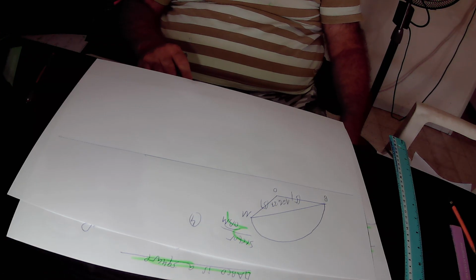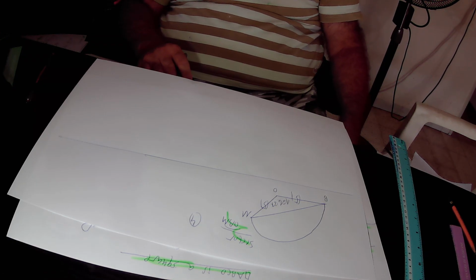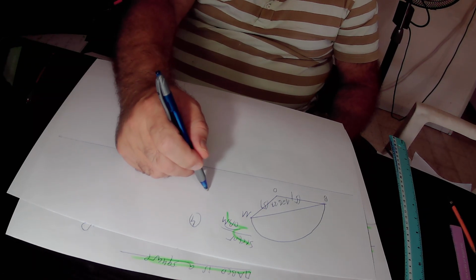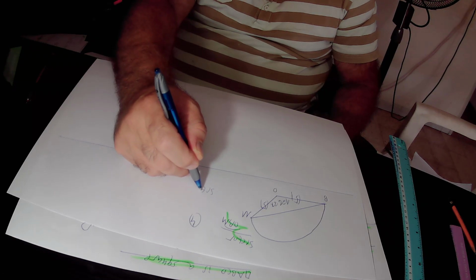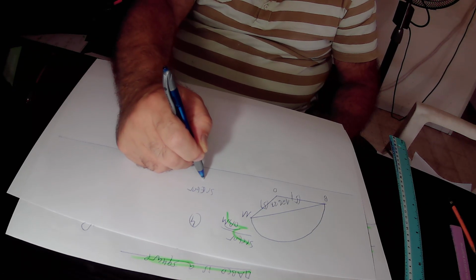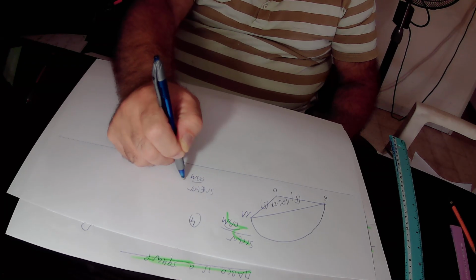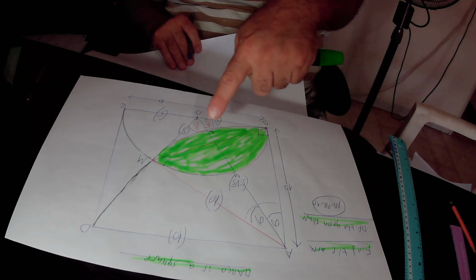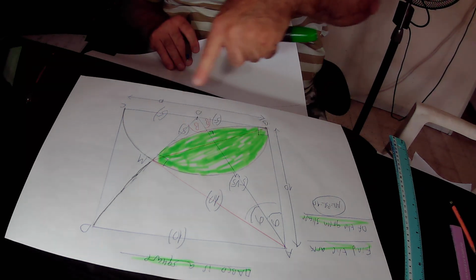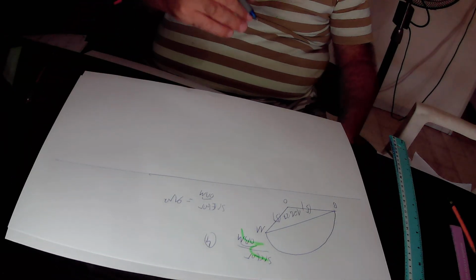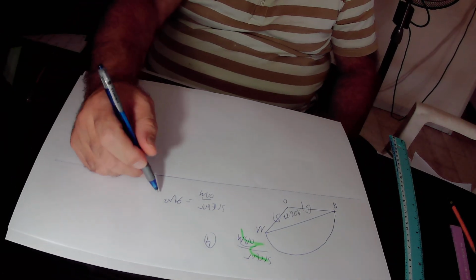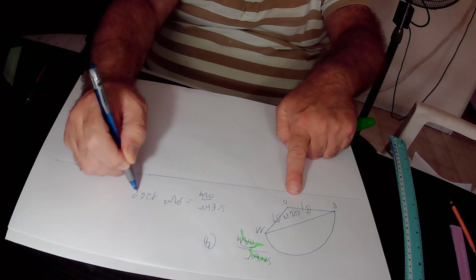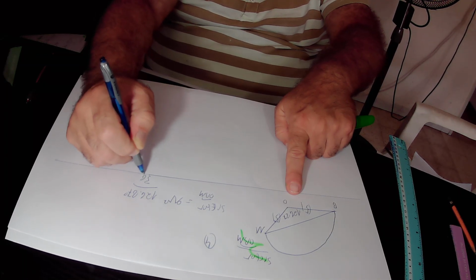The area of sector OBM, according to the formula that I presented to you a couple of minutes ago, will be equal to pi r squared, the area of the circle that contains the sector, that is actually the semicircle, times the angle between the legs of the sector, 126.87 degrees over 360 degrees.